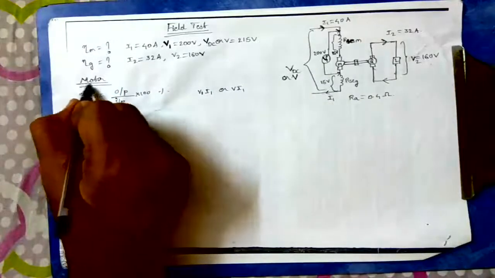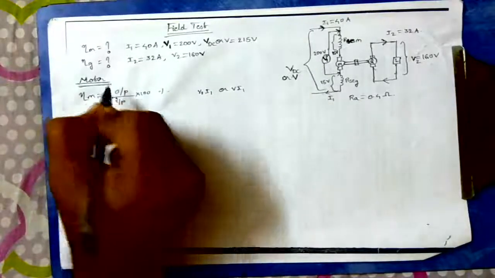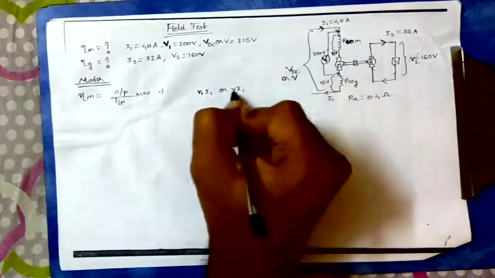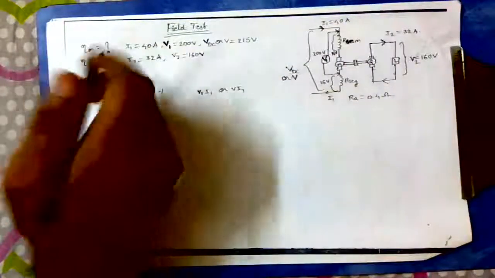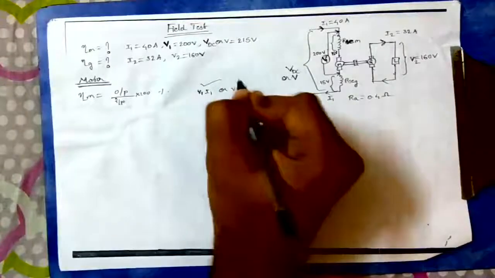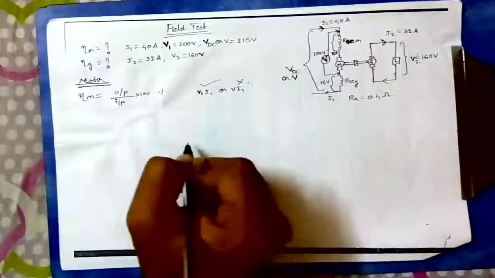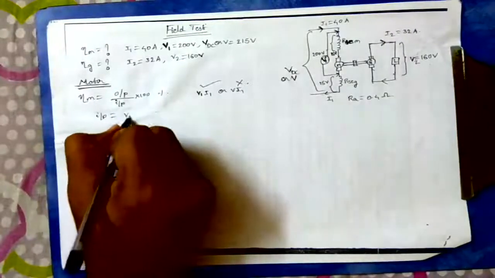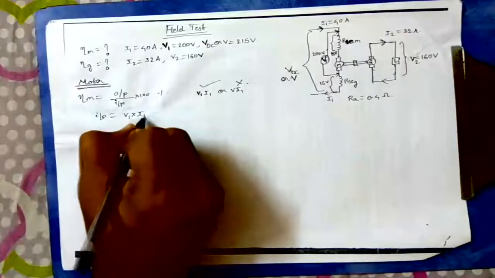Since we are discussing only the motor, it should always be with respect to V1, not V, into I1, because it is concerned with only the motor. So input to the motor is equal to V1 into I1.